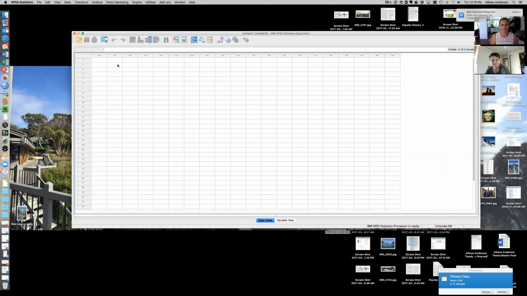Each line, as in Excel, is usually one questionnaire, one survey, one person. In the variable view, you're going to have the number of the survey. You usually have a record number first. Then you would usually have something like male or female.